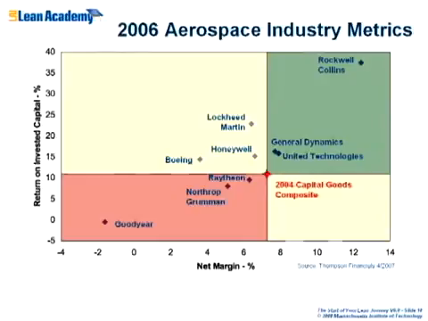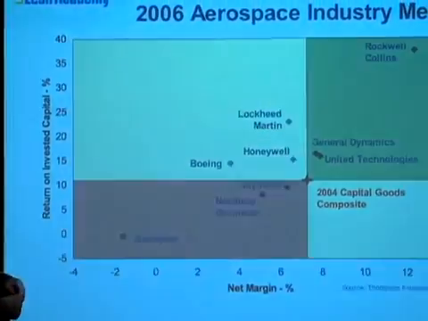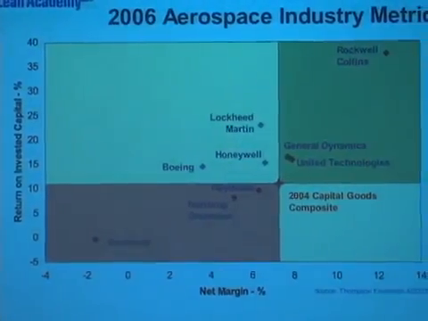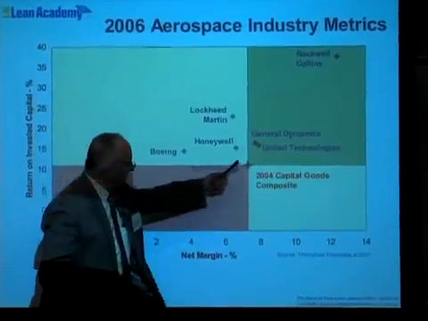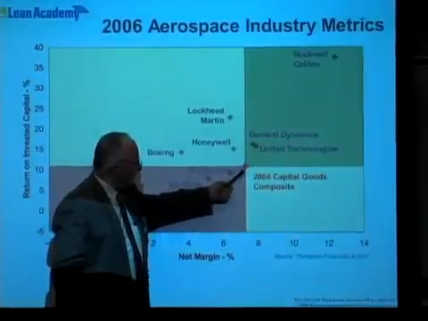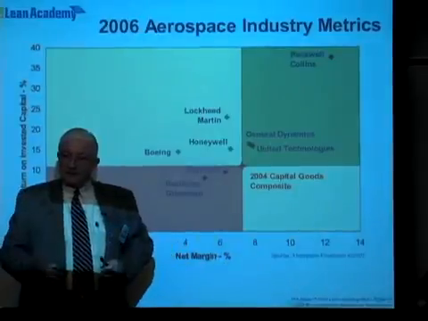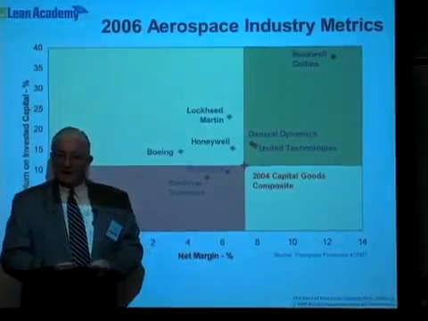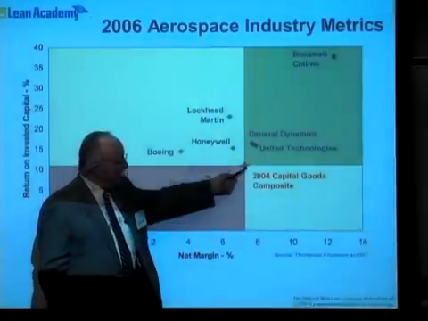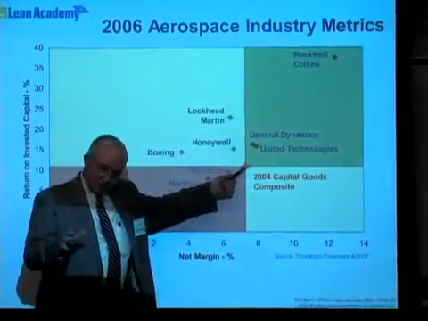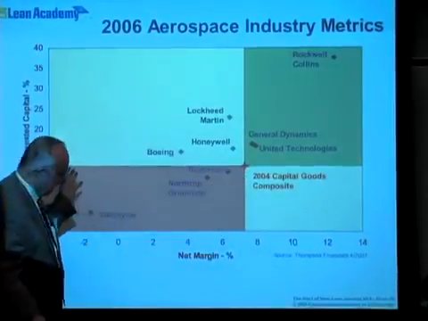Now this is the return on invested capital, and here, this is the average of the capital goods companies. These are the big companies in the United States that manufacture. These are not service industries. These are big capital, make big equipment.